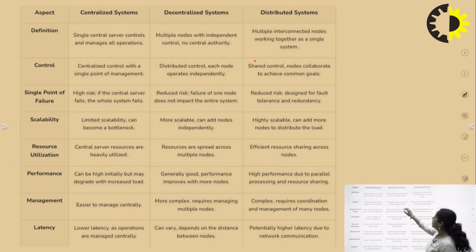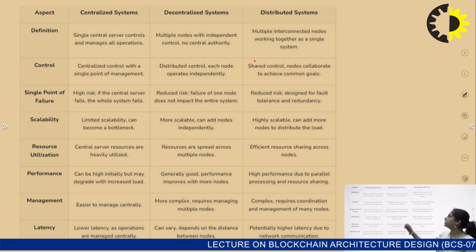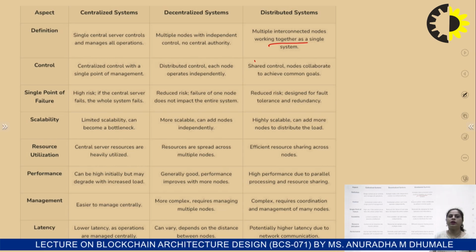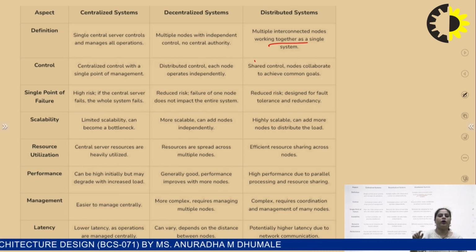These nodes are located at different positions, and they don't have any central authority to access the transactions. In a distributed system, multiple interconnected nodes work together as a single system. Multiple nodes are there, but they are working as a whole system, as a single system.